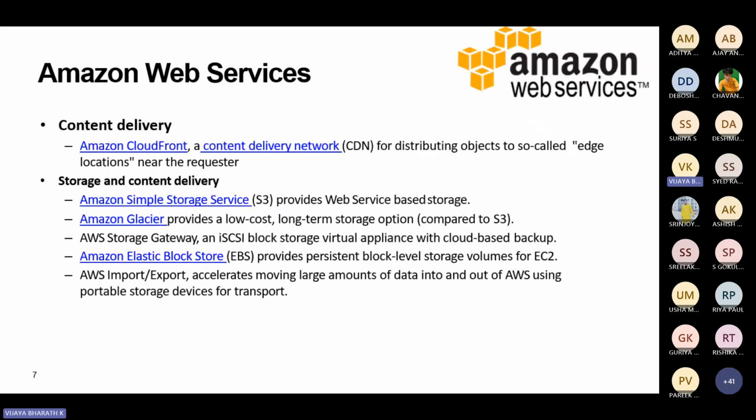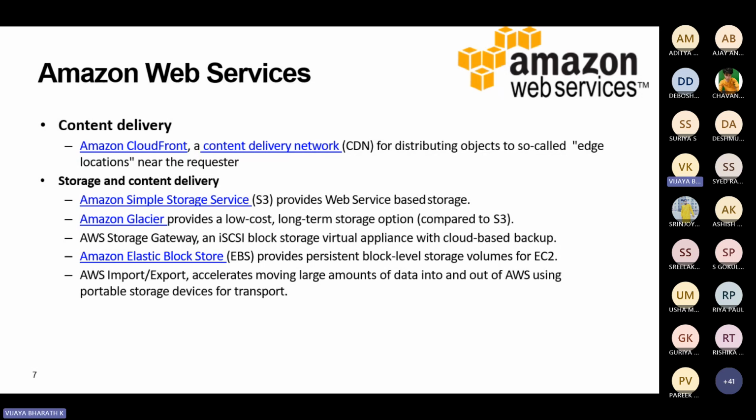Next is your Elastic Block Store. All your block level storage volumes for EC2 are managed here. In any cloud, your storage will be separate and compute will be separate. An EC2 instance will be only compute and memory, that is your CPU and RAM.